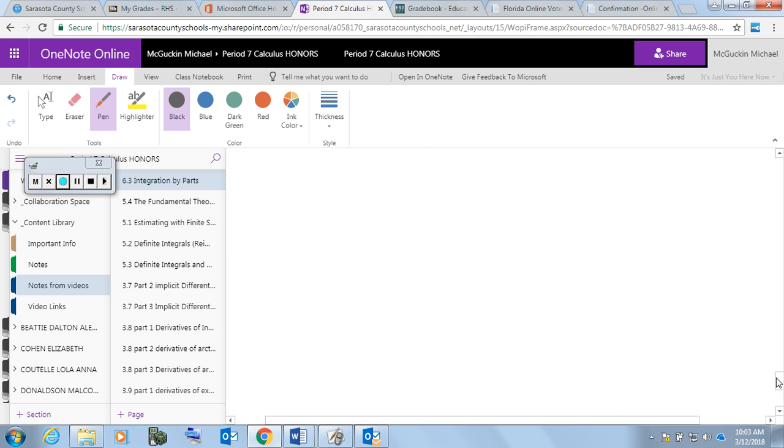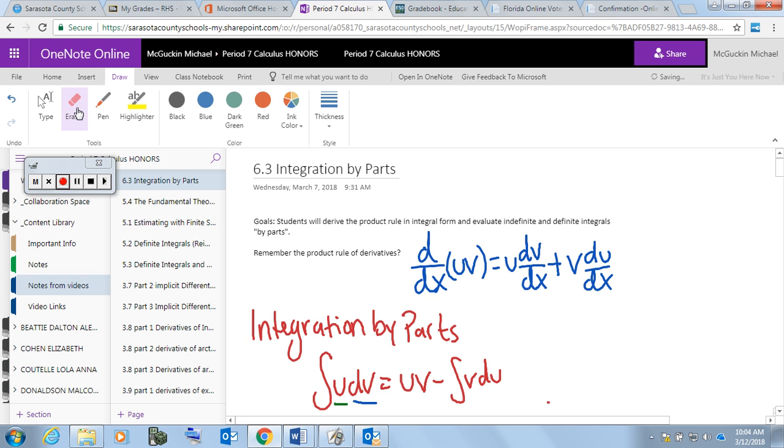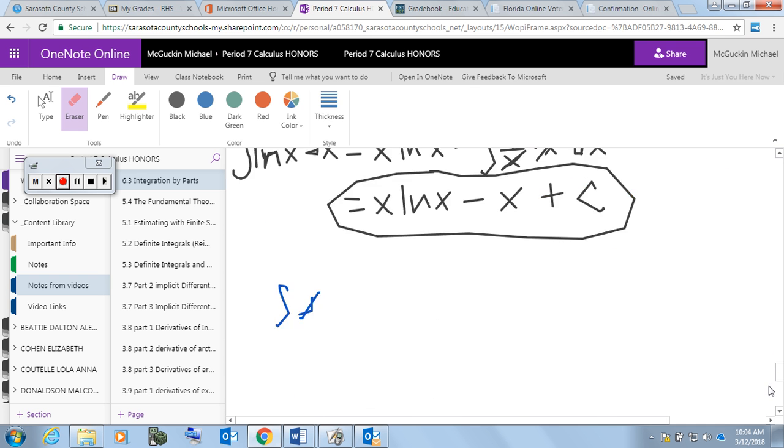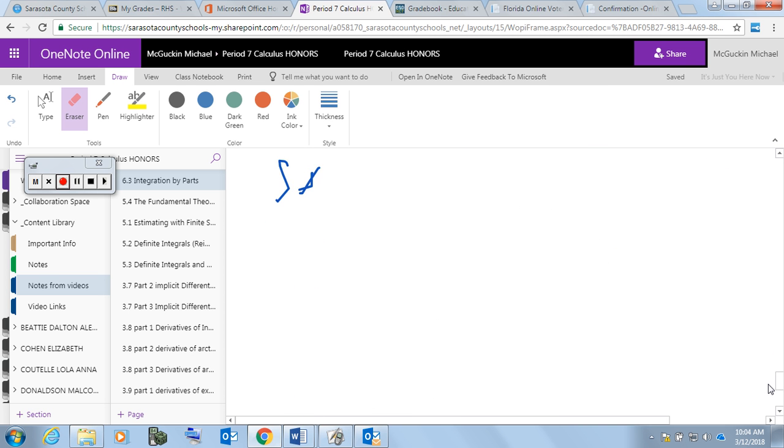We're going to use the example of finding the integral of the inverse of sine x dx here.